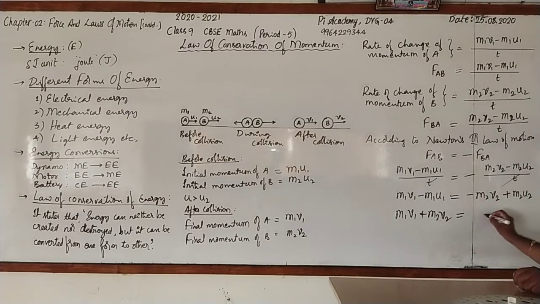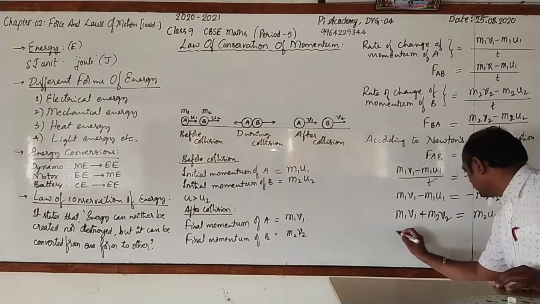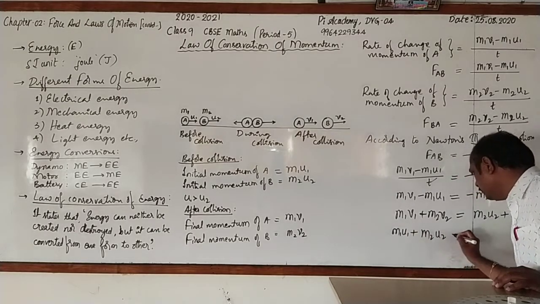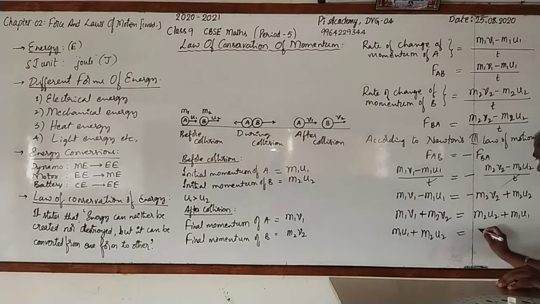This is equal to m2 u2 plus m1 u1. Hope that you have understood. I'll go for interchanging the terms. See that m1 u1 plus m2 u2 is equal to m1 v1 plus m2 v2.